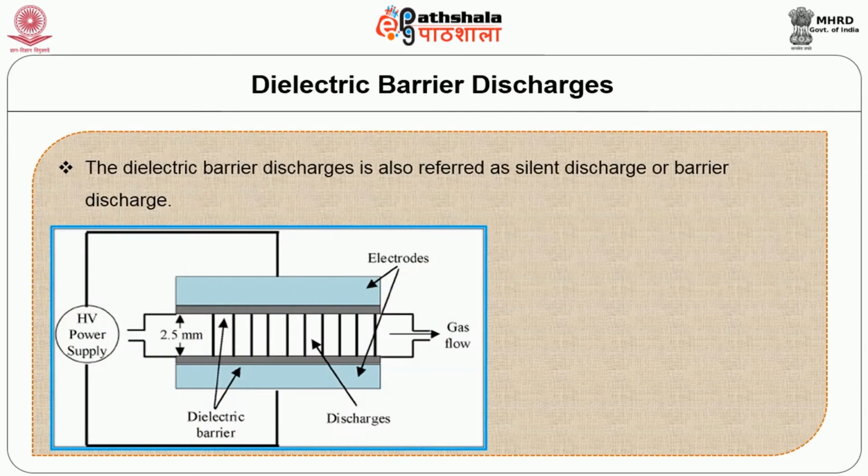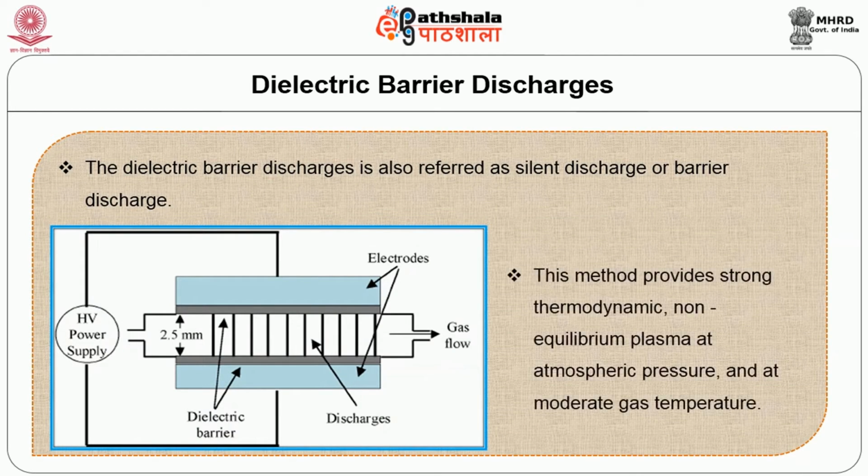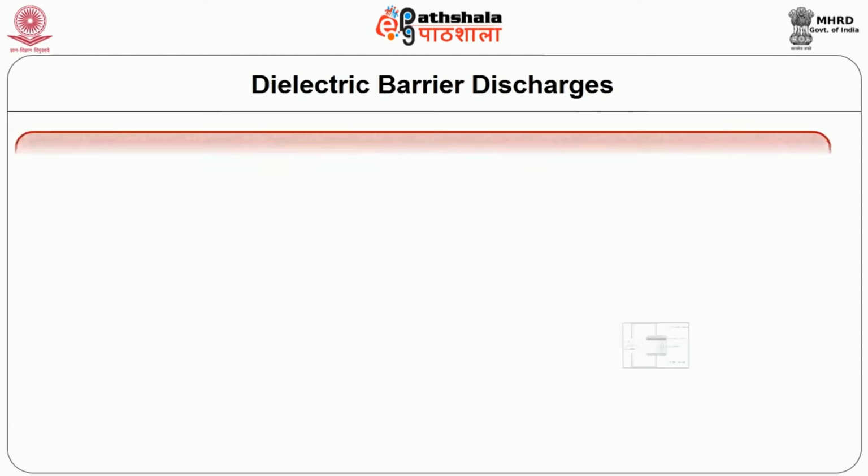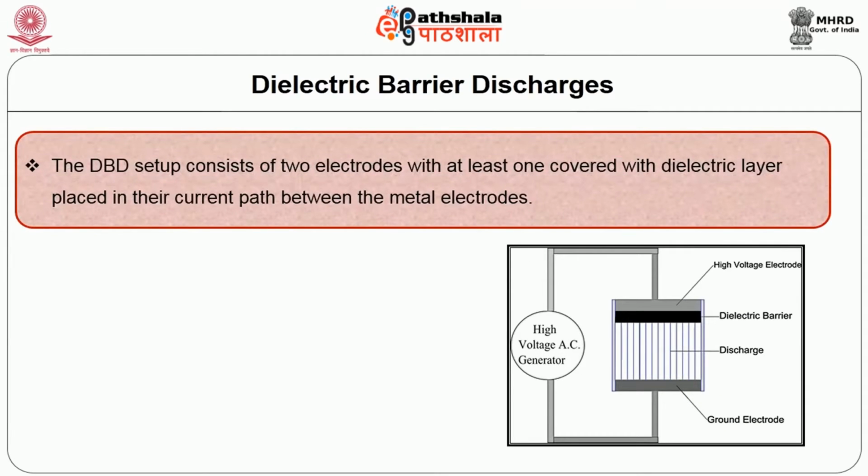The dielectric barrier discharge is also referred to as silent discharge or barrier discharge. This method provides strong thermodynamic non-equilibrium plasma at atmospheric pressure and at moderate gas temperature. The schematic diagram shows a dielectric barrier discharge setup. The setup consists of two electrodes with at least one covered with a dielectric layer placed in their current path between the metal electrodes.